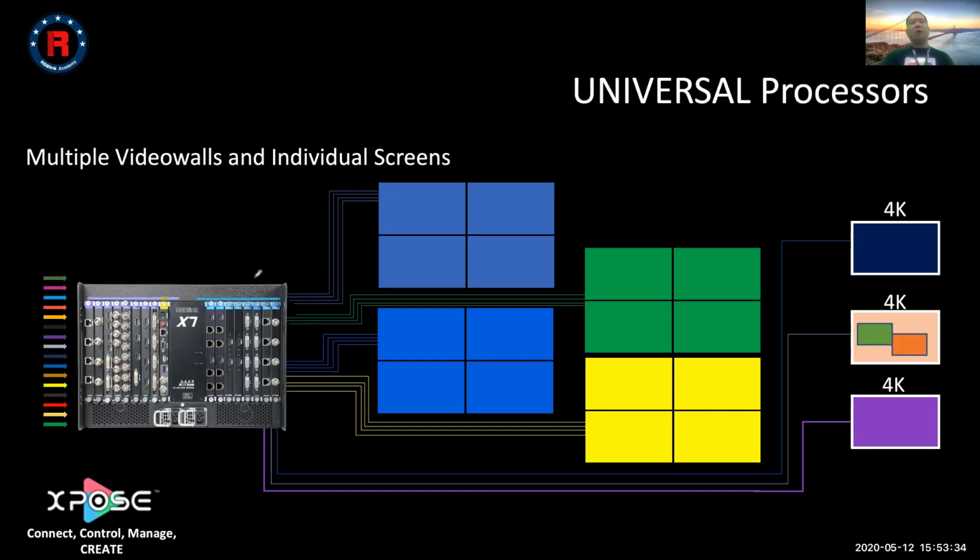We can design these 16 4K outputs: 4 of them for an LCD video wall, 4 of them for LED display systems, 4 of them for another 4 4K displays, and another 4 for projectors.